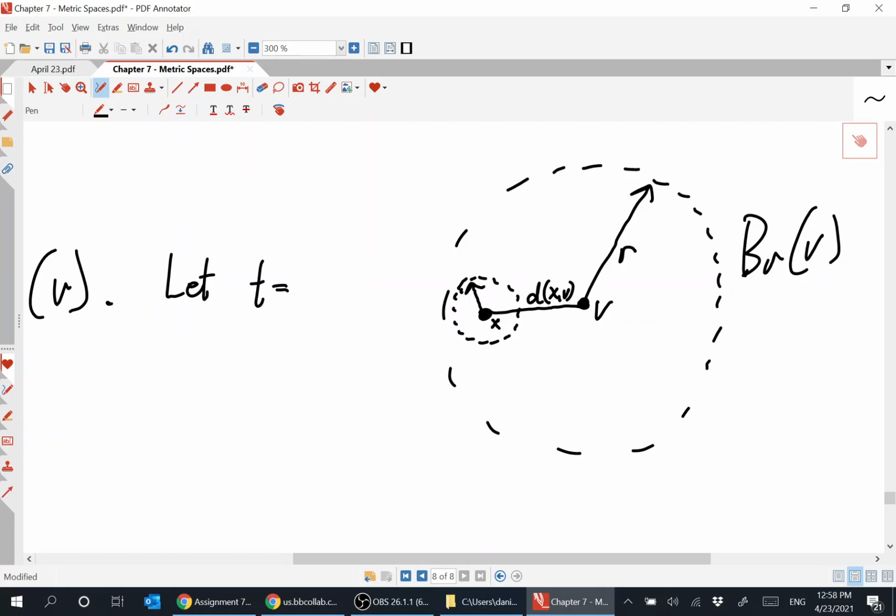Maybe that's not small enough, right? I mean, x could be really close to the boundary here. R minus d(x,v). Perfect, yeah.